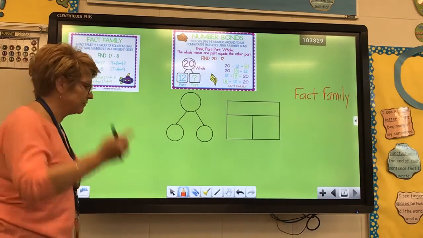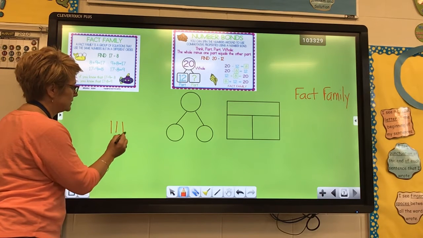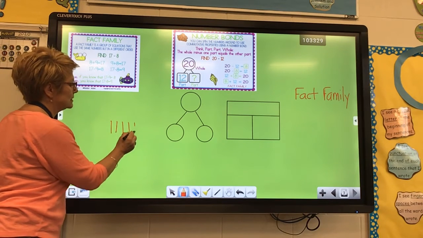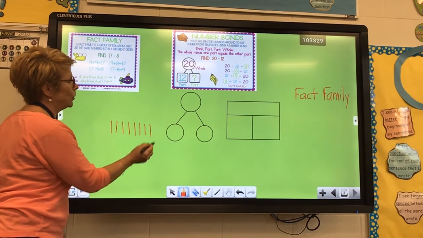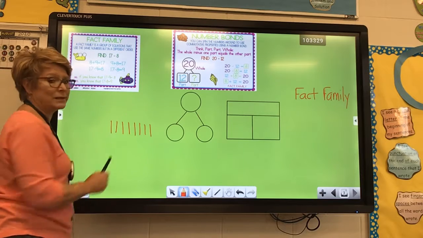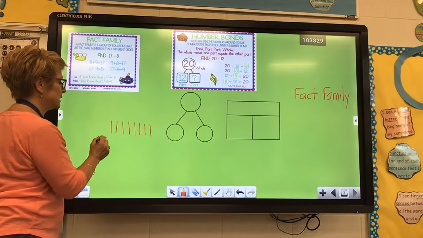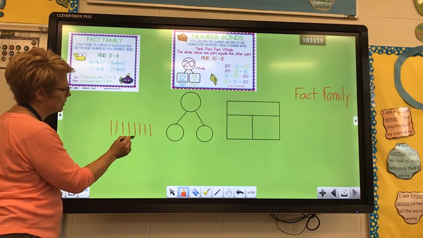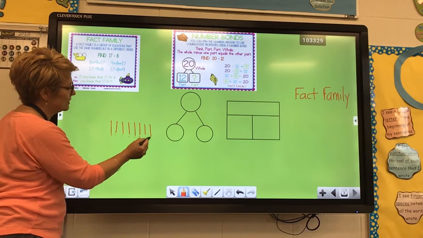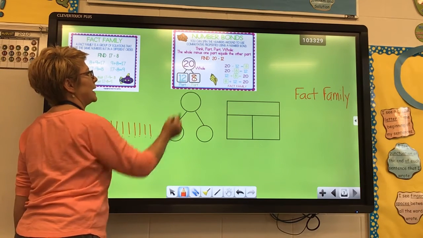So 12, 13, 14, 15, 16, 17, 18, 19, 20. I'm stopping at 20. So I know that my missing part is going to be 1, 2, 3, 4, 5, 6, 7, 8. So my missing part now is going to be 8.